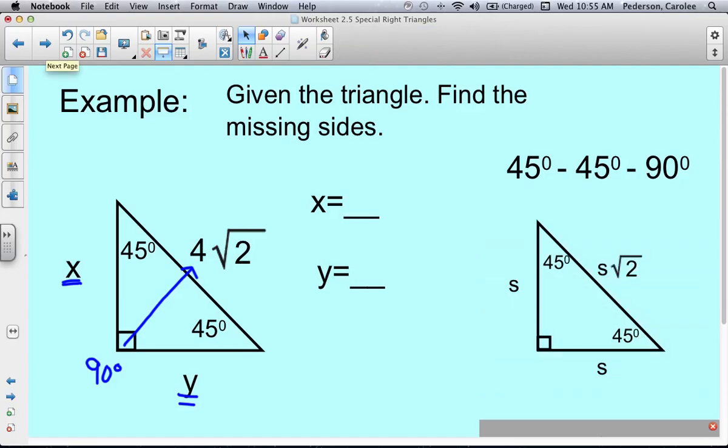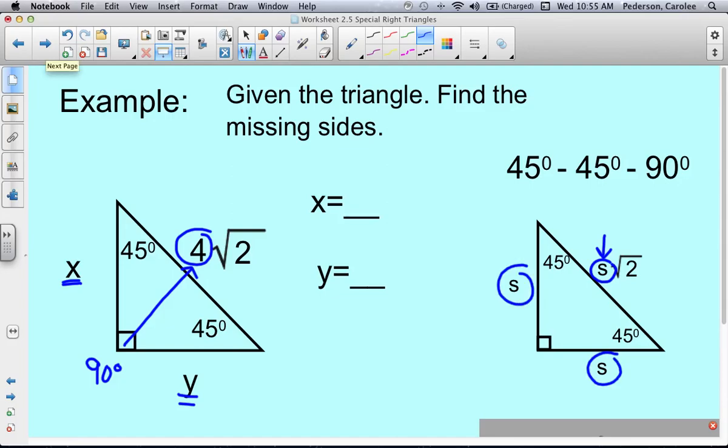Remember that the other two sides are S's. So this value is 4. So then those two side lengths are also going to be 4.